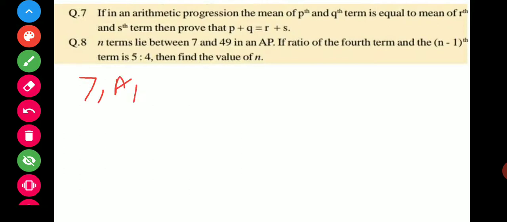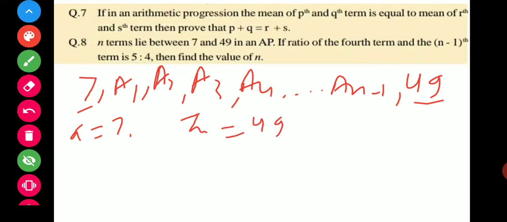So a1, a2, a3, and like this a4, and so on, a n minus 1, and here is 49. As you know, this one is the first term, and this is your last term. So a is equal to 7 and Tn is equal to 49, and the number of terms is n plus 2, because two numbers are added here, 7 and 49.